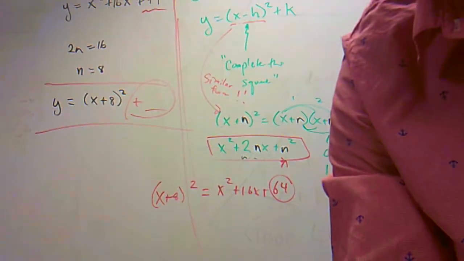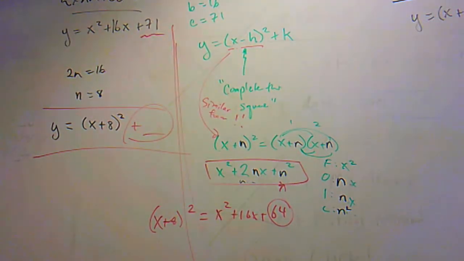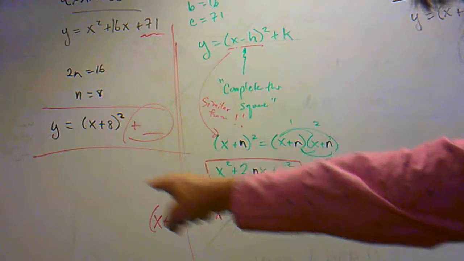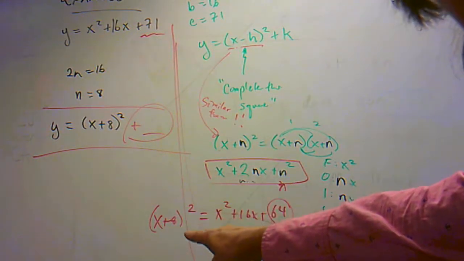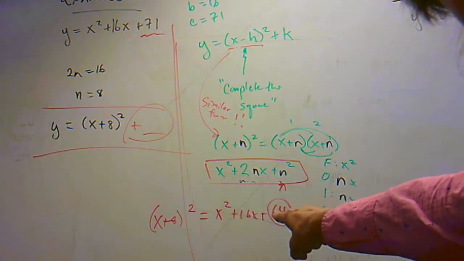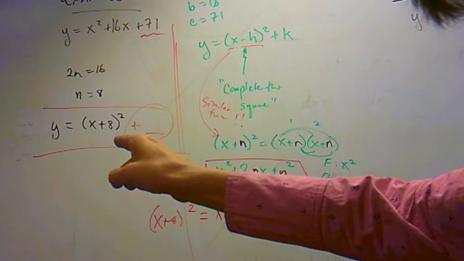All right, ready? We're excited. Oh, good. You can barely see both at the same time. All right, so let's go back to it. This thing right here is this. Maybe you can't see, but that's an 8 in red. And there's the 8. So there's a 64 that comes out, and it's inside here.